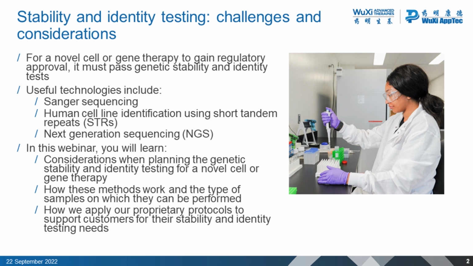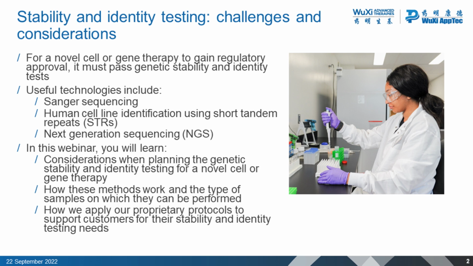The three major technologies that are used for determining stability and identity of the various cell and gene therapy products are Sanger sequencing, human cell line identification using STR or short tandem repeats, and next generation sequencing.